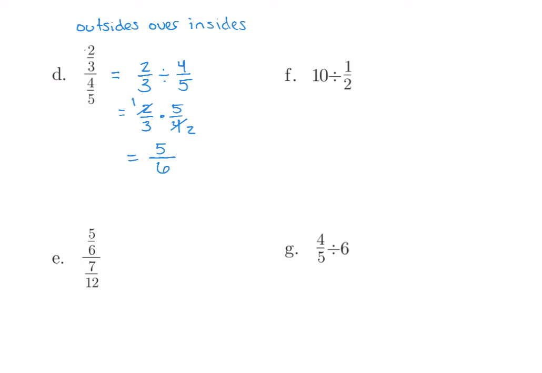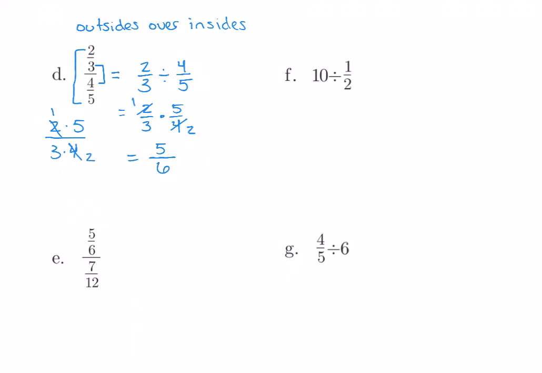That means I multiply my outside numbers, 2 times 5, over my inside numbers, 3 times 4. I would also recommend, if you're going to do outsides over insides, that you write them as products, as multiplications, so that you can do your cancellations before you multiply.